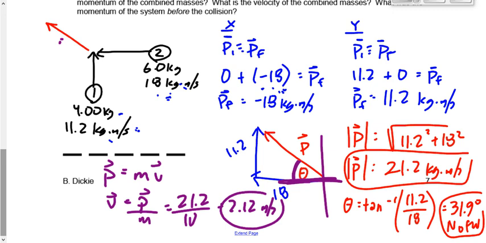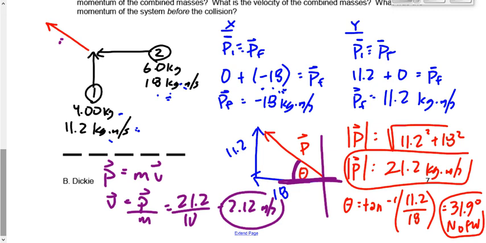What about this last question? What's the momentum of this system before the collision? The momentum after is 21.2 at 31.9 degrees. The velocity after is 2.12 at 31.9 degrees. What's the momentum before? How would I go about doing that? Whew. That's a toughie, eh?